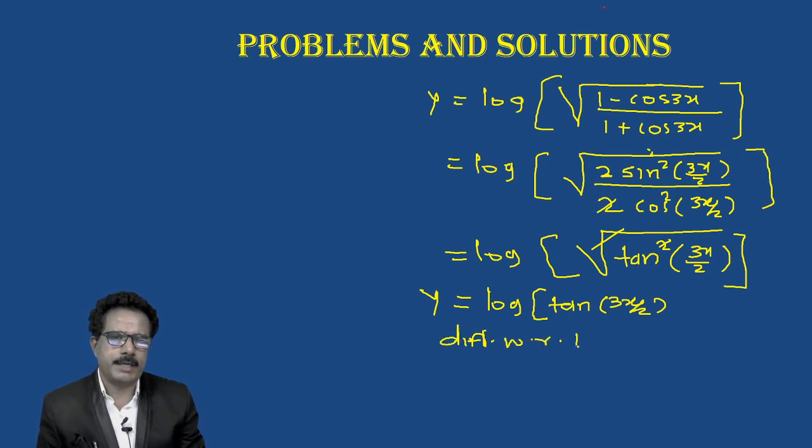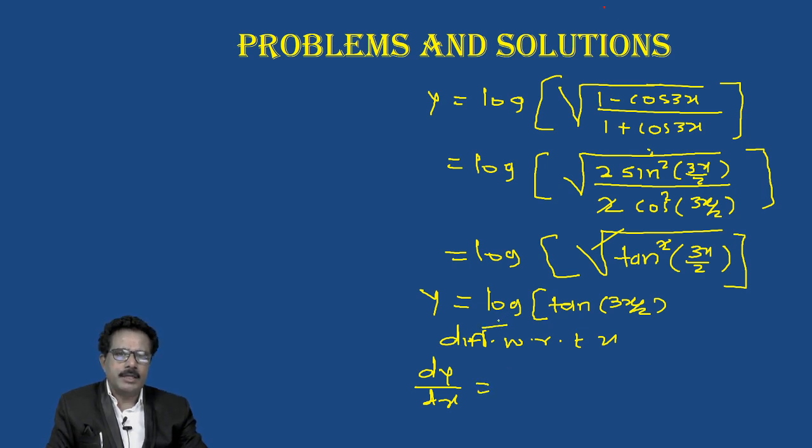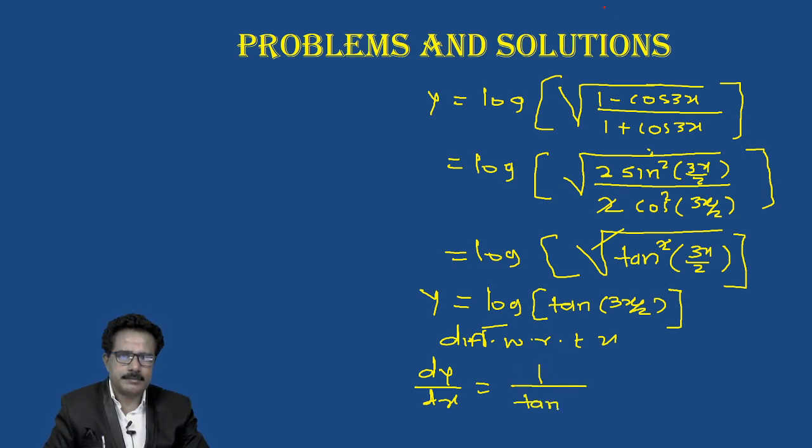Differentiating with respect to x. Therefore derivative of y is dy by dx. We can take the first step directly. What is the derivative of log? Derivative of log f of x equals 1 upon f of x into derivative of f of x, means 1 upon tan 3x by 2 into derivative of tan 3x by 2.